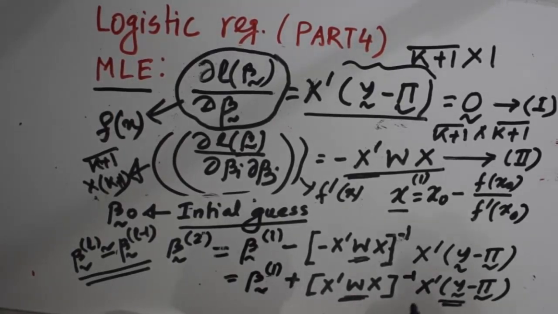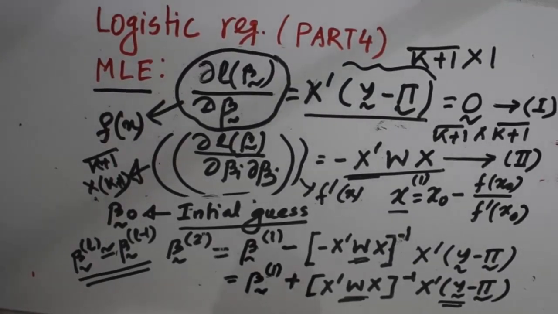Similarly, proceeding in this way, we get the third, fourth, fifth approximation and so on, and we stop the process when beta l curl is approximately equal to beta l minus 1 curl up to the desired degree of accuracy. So this is our maximum likelihood estimation in logistic regression.